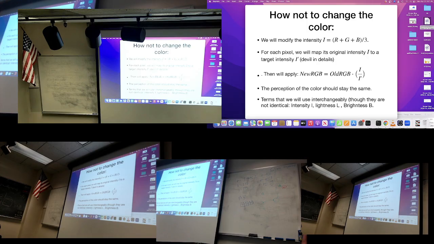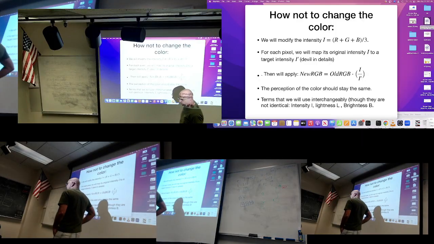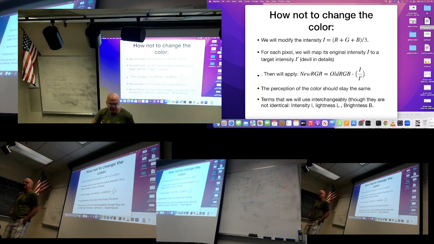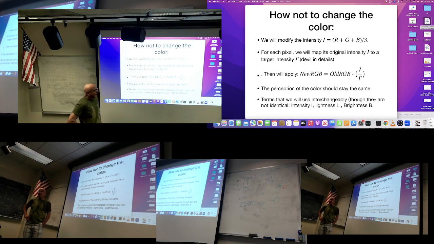Okay, now when I'll ask you to correct the intensity of something, I can go the whole way and think about it as the color in the HSV coordinate system. In HSV, I want to change only the intensity and not the color.